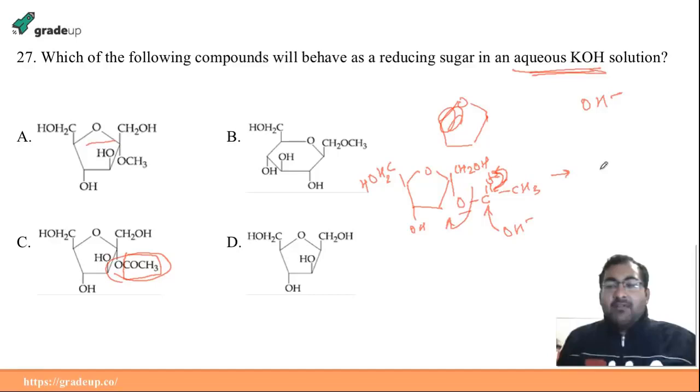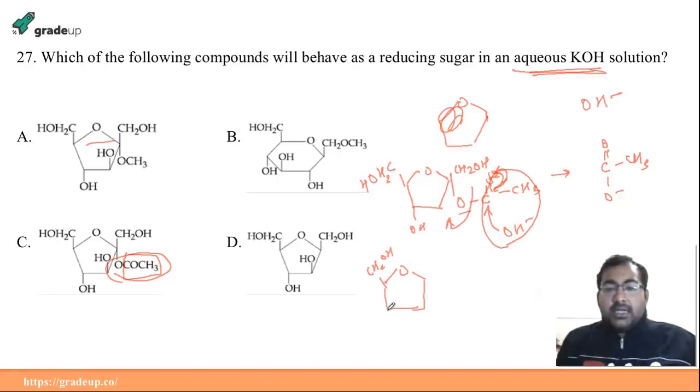So when it happens, you get a C double bond O, CH3, O negative, which is this part, and then the leaving part, you'll get something like this: CH2OH, and then here again OH, and then CH2OH and O negative. Again you have a carbon where you have two oxygens attached.